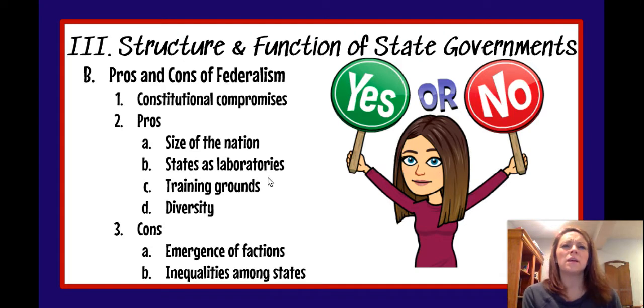States can be seen as laboratories, okay? Now, not like white coats and science and all that kind of stuff, but think about some specific issues that are hot button topics in America right now. Think about how the states are able to see how all of that plays out. For example, there are some states that have legalized the recreational use of marijuana, okay?